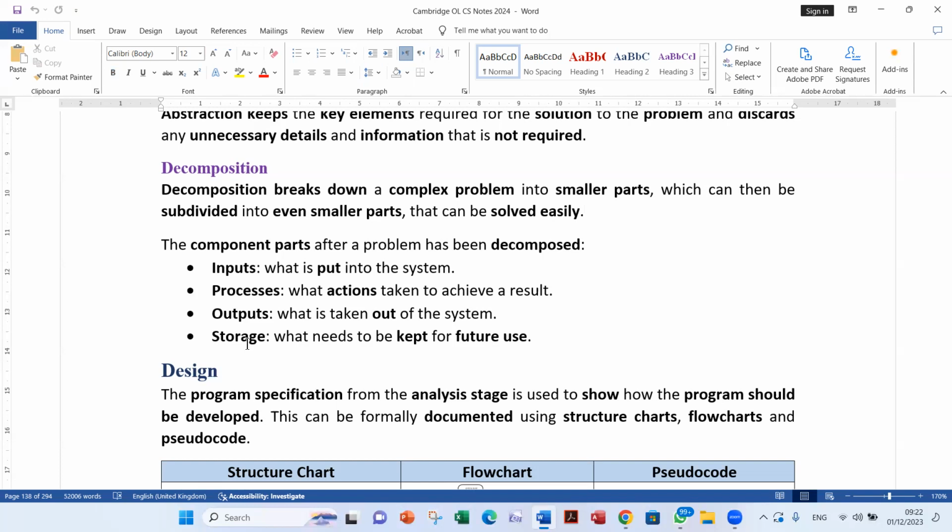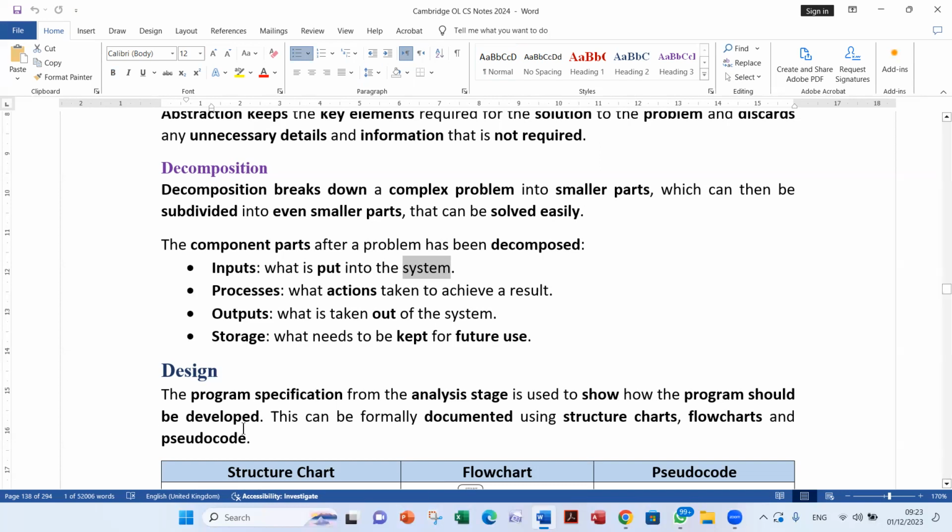So any problem or any program may be decomposed into inputs: what is put into the system. Processing: what processing or calculations need to be done on that data to produce the output? And then output: what will be printed on the screen or printed on paper?